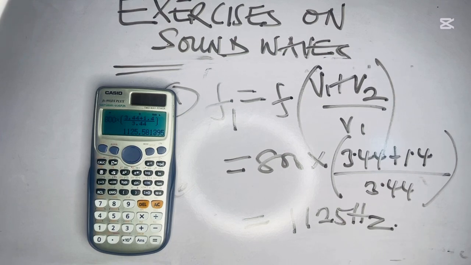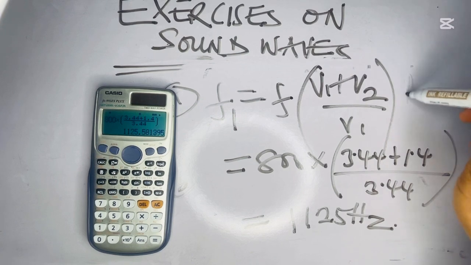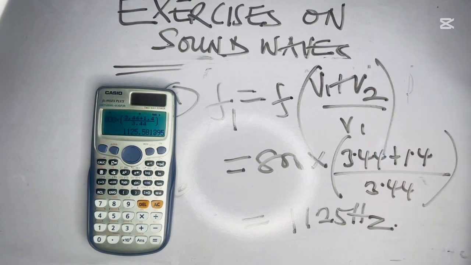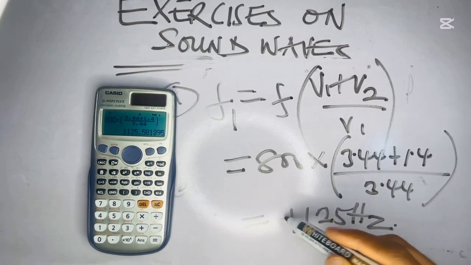Now it's also important for us to calculate the one away from the siren. One thing I need you to understand is that towards the siren is positive, and away from the siren is negative. Both of them will have the same value, just that one will be positive and the other negative.